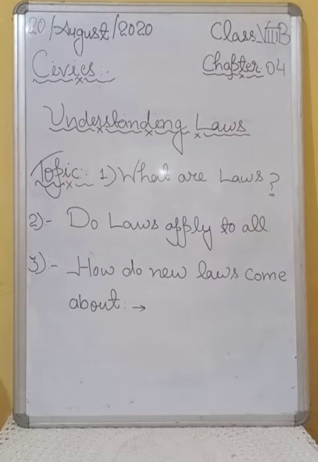So students, the British Sedition Act of 1870 set a perfect example of arbitrariness. Under this act, a person protesting or criticizing the British government could be arrested without any trial.